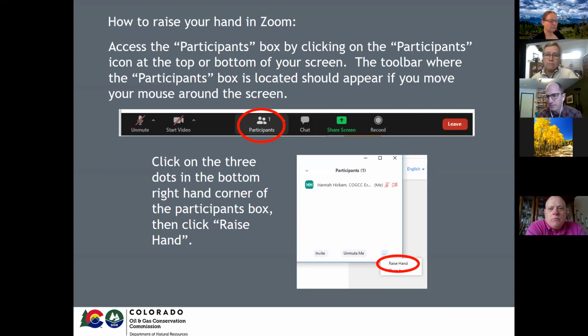So hopefully that helps. The next question is also for me. When will the public water system protection shapefiles be finalized in GIS? It still says draft SB 19-181 in Rule 411. There are two sets of shapefiles that we're working with. The first set are the public water system surface water intakes.